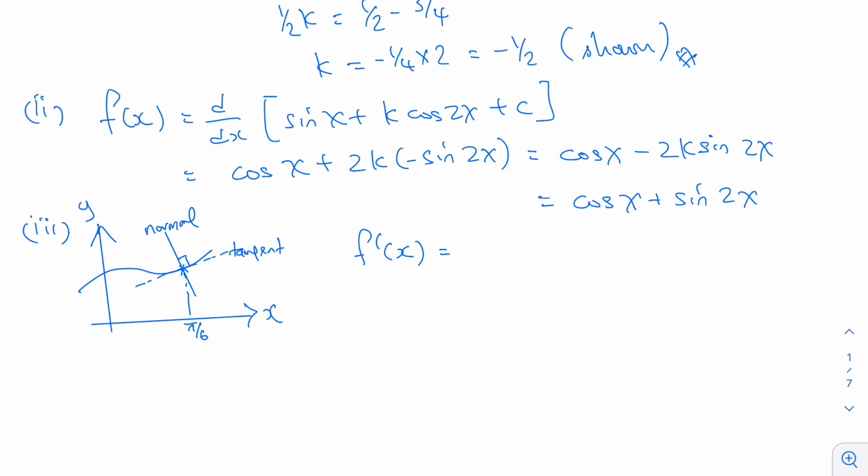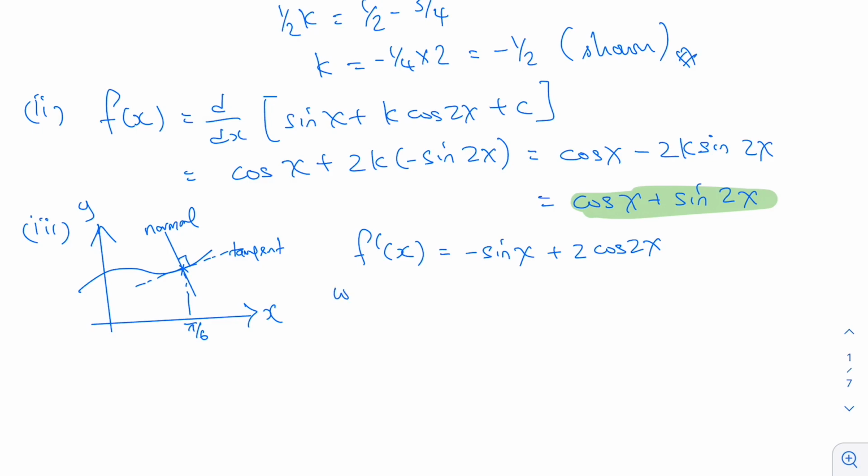Differentiate cosine x, you get negative sine x. Differentiate sine 2x, you get plus 2 cosine 2x.